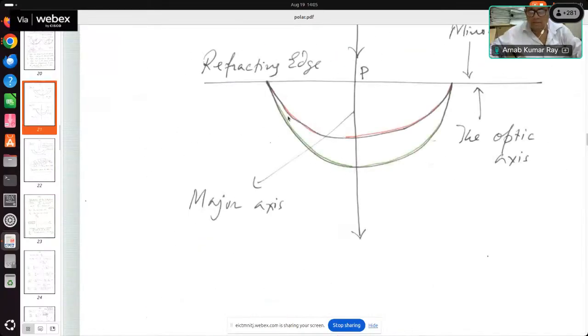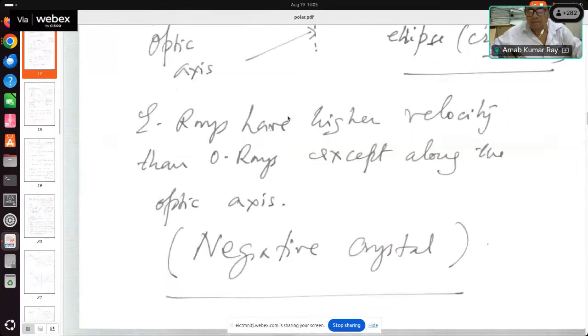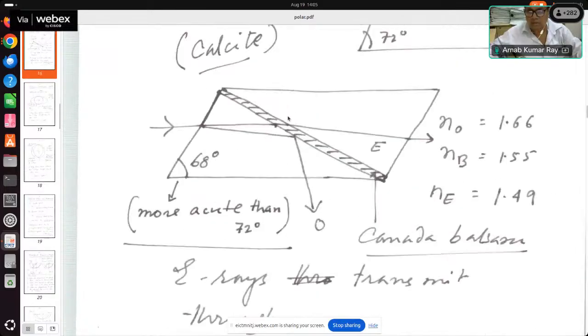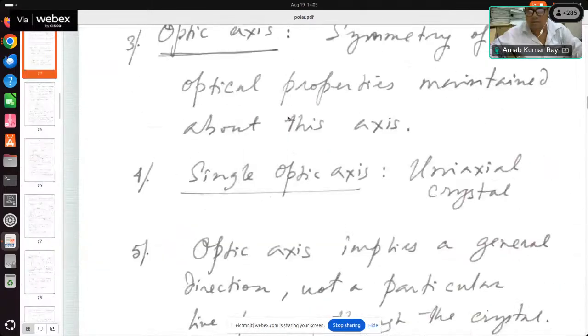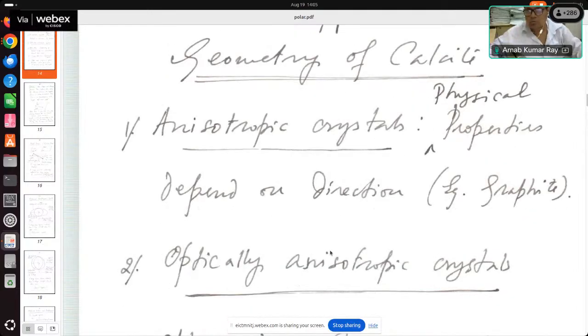If you recall our discussion yesterday, I discussed the properties of calcite. It is an optically anisotropic crystal, right? So calcite, quartz, these things: extraordinary rays are produced in optically anisotropic material.